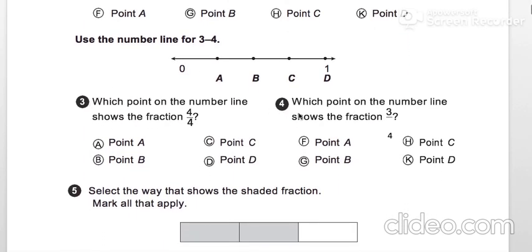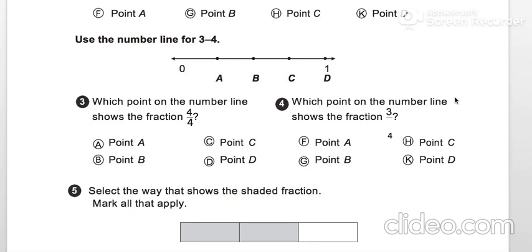For number 3 and 4, you're going to use this number line. It would probably help you to write the fractions and divide the line into parts. Which point on the number line shows the fraction 4/4? Is number 3, and you're going to tell me, is it point A, point B, point C, or point D?